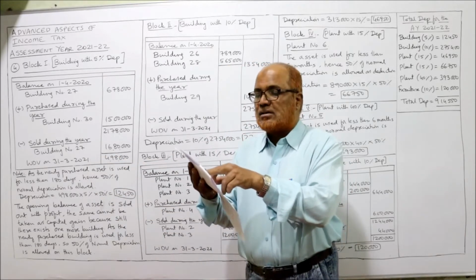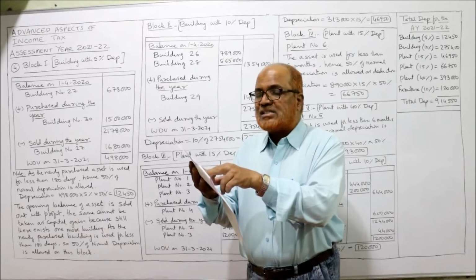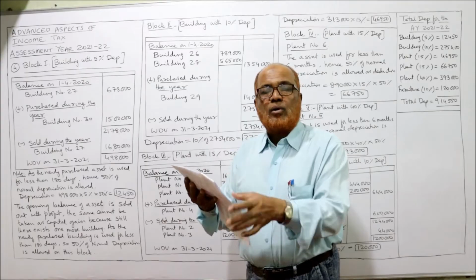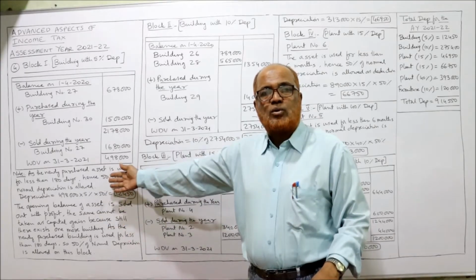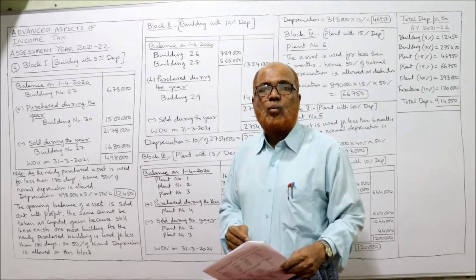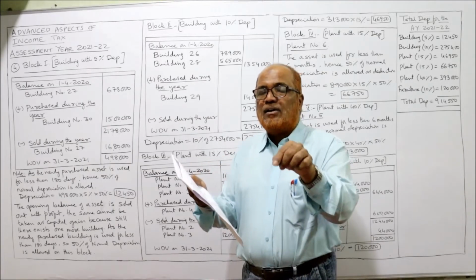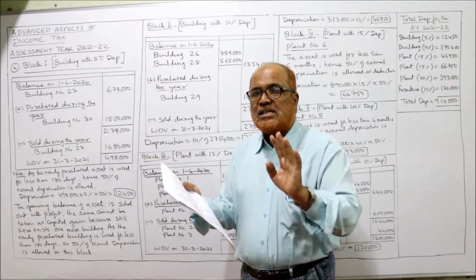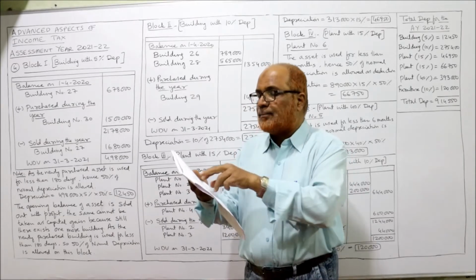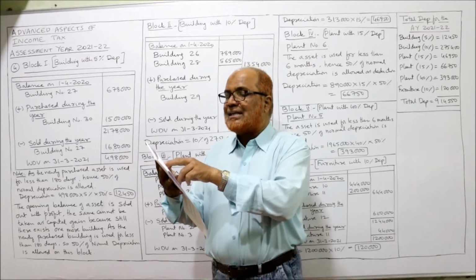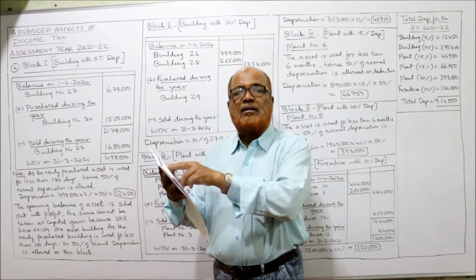Last, plant number 6, purchased on 1st March 2021, is also less than 180 days. So out of so many assets, how many were purchased and used for less than 180 days? 3 assets. First is building number 30, purchased on 10th January 2021.